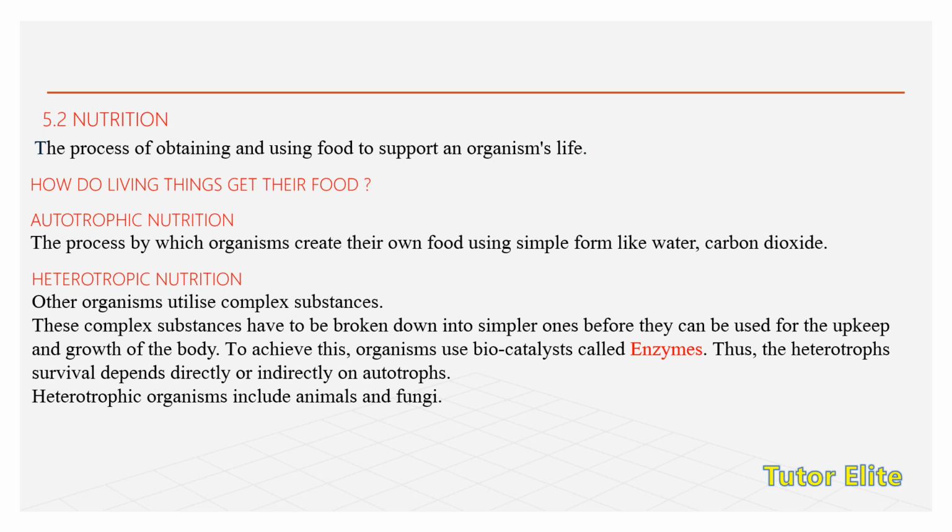How do living things get their food? There are basically autotrophic, heterotrophic and saprophytic types of nutrition. We will learn about them in detail now.